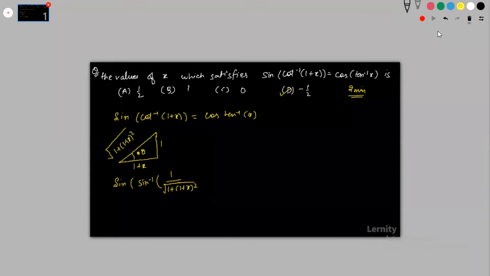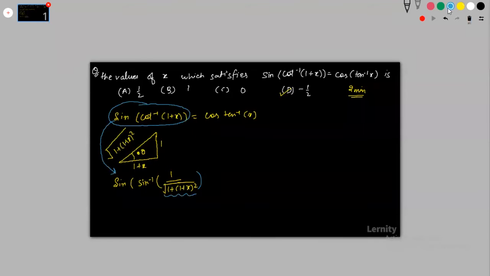I can convert this whole thing using a right angle triangle. Now because this is sine of sine inverse, the output will simply be this, 1 upon root of (1 plus x) whole square, right?